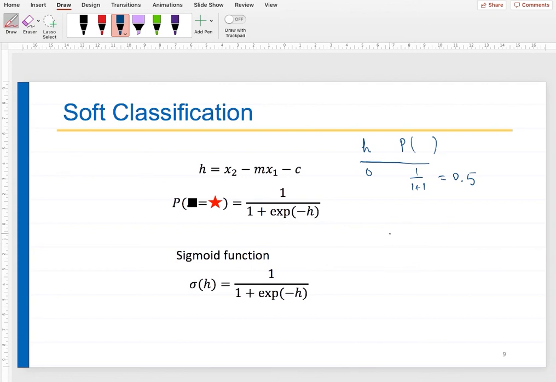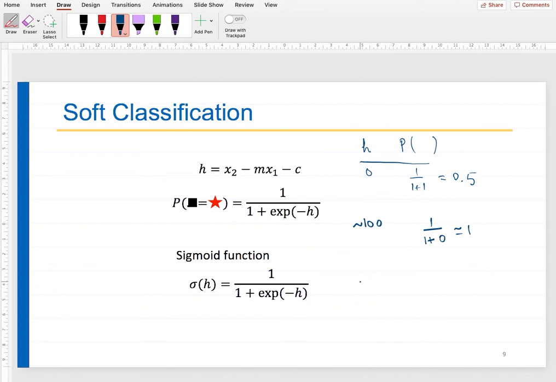Okay. When h is very large, let us say of the order of 100, what is p? Yeah, 1 upon 1 plus almost 0, right? e to the power minus 100 is almost 0. This is approximately equal to 1. Means you are very sure that this is the red class or the rose class.